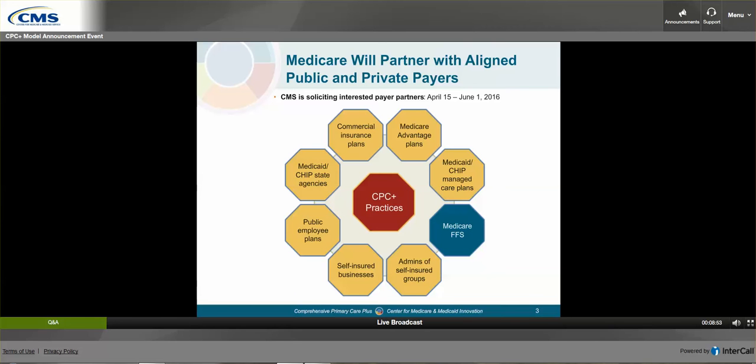We've seen in CPC that working together, the payers are able to achieve better outcomes than any one payer can achieve working alone. And we are continuing this aligned model in CPC Plus. Note that the application period for payers began on Friday, April 15th, and runs through June 1st.